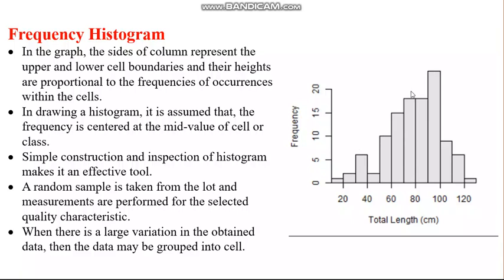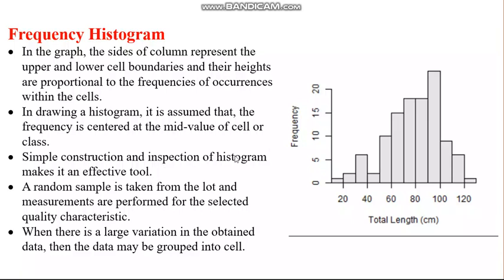That means all the people who got between 30 and 40, we assume that everybody got 35. The data point 35 will be selected, so the mid value of the cell or class is where it is assumed to be.